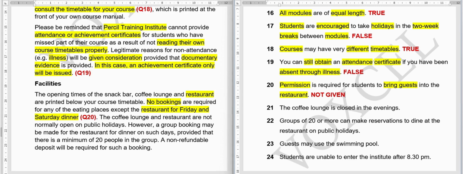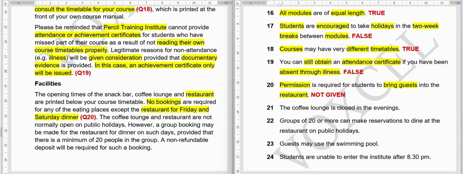I hope you were able to identify the answer. Why is it not given? Because we don't have any information whether we require permission or not, or whether we can take a guest with us or not. There is just mention of bookings, but no mention of whether we can take somebody with us from outside, or even whether we need permission for this.